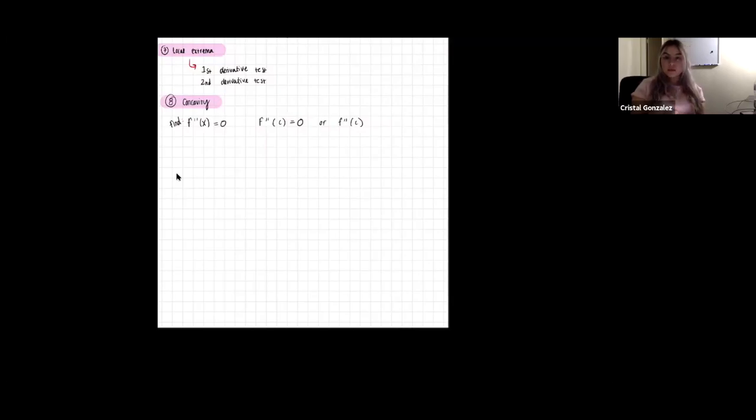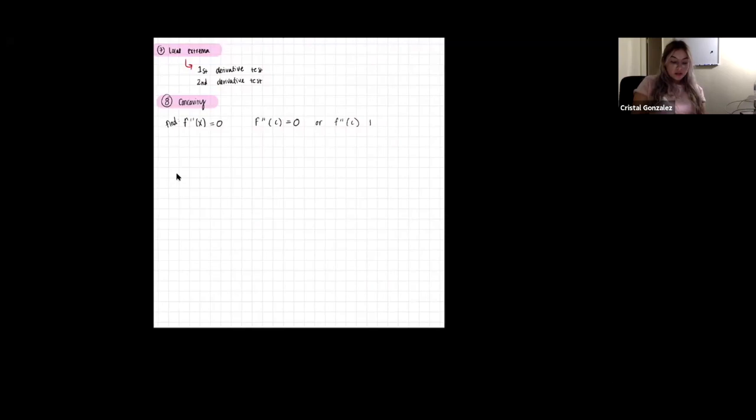We've seen some examples of where that happens. Whatever c values come out of those, you need to test them.